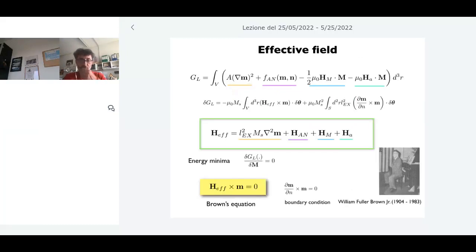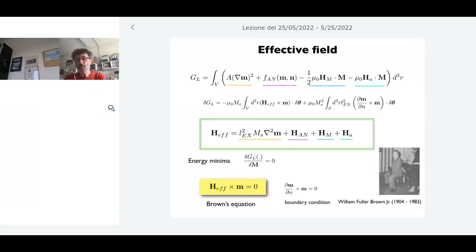And now, yes, essentially, this is the point, no? This person here is William Fuller Brown, essentially the one who developed micromagnetism. So all that I discussed now as a passage and way to formulate this energy functional was more or less put together by him.